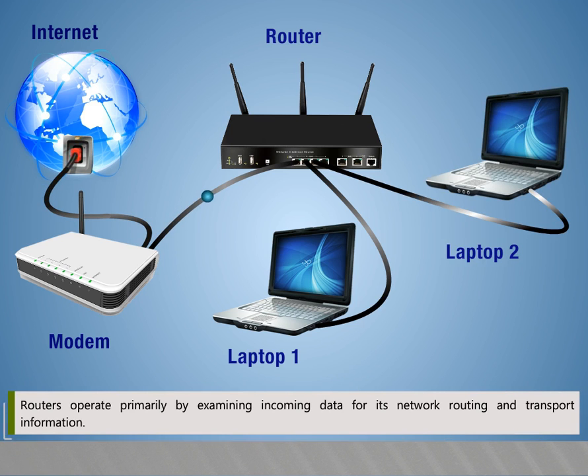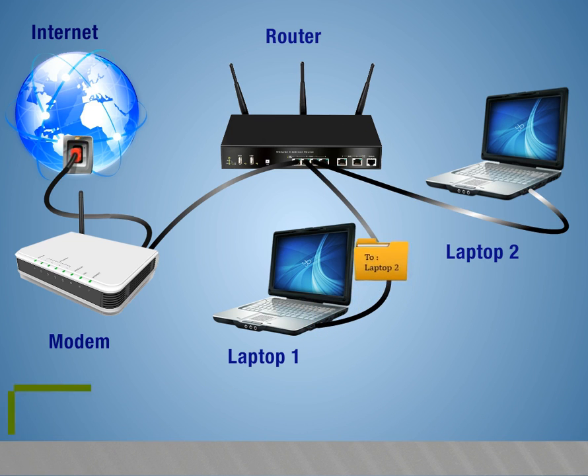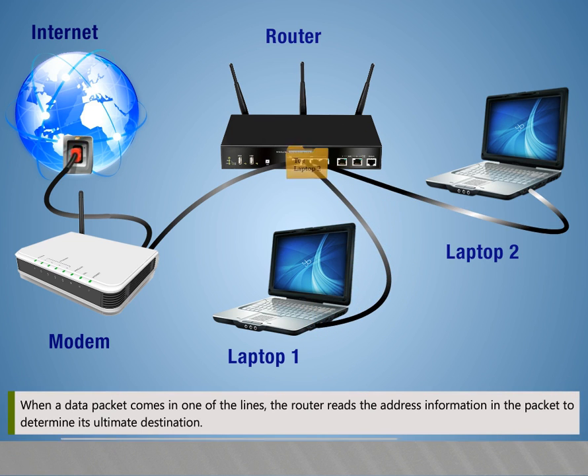Routers operate primarily by examining incoming data for its network routing and transport information. When a data packet comes in one of the lines, the router reads the address information in the packet to determine its ultimate destination.